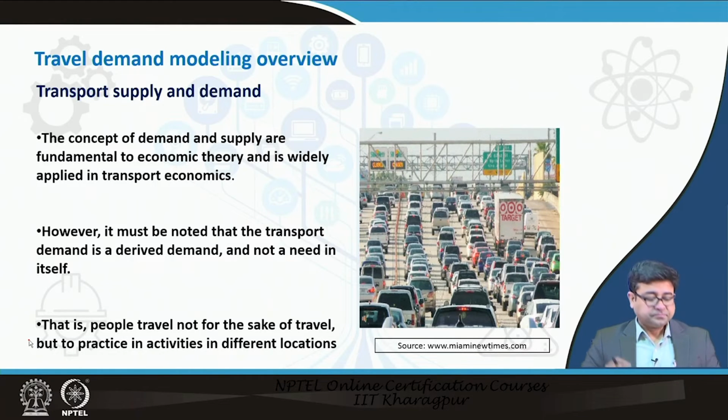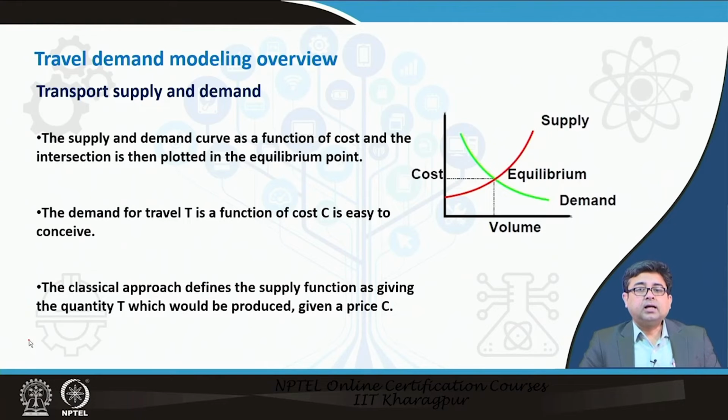into play. So, when you look at the supply and demand curve, it's a classic economic example for any entity, when you look at cost versus volume: if the supply of certain things, so the volume of certain things, increases, the cost of it also starts increasing.